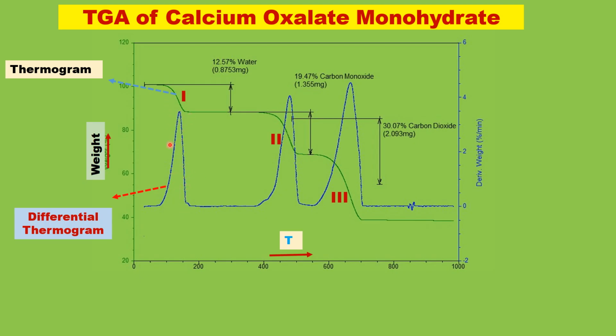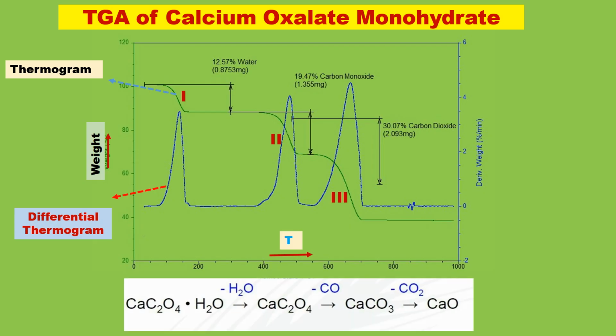From the area under the curve of the differential thermogram, we can obtain how much mass is lost. So these are the 3 steps which give 3 mass losses, 3 thermal processes.